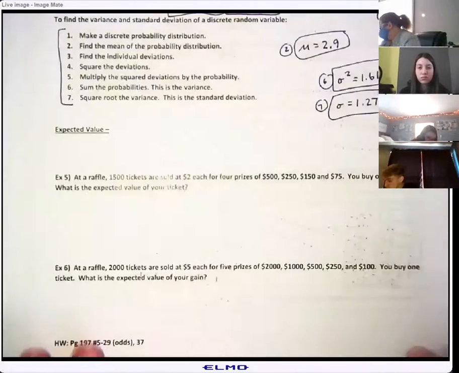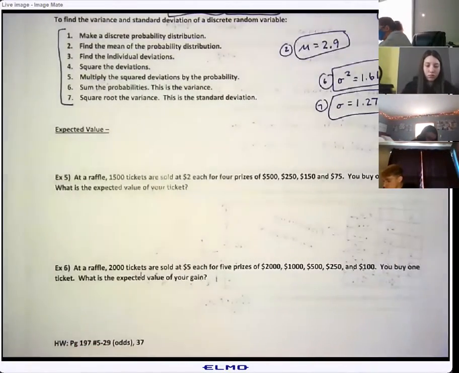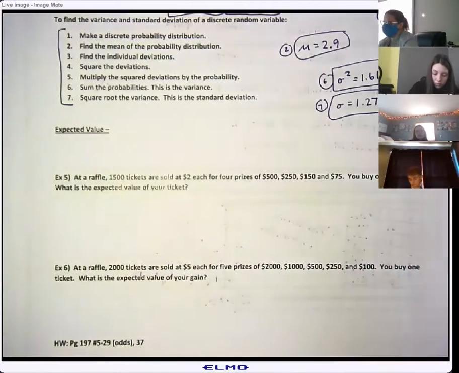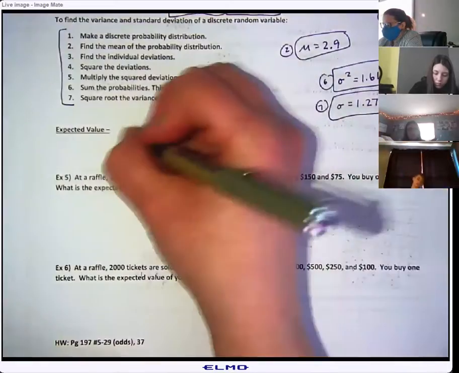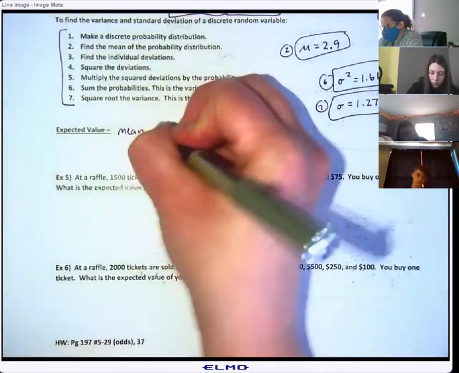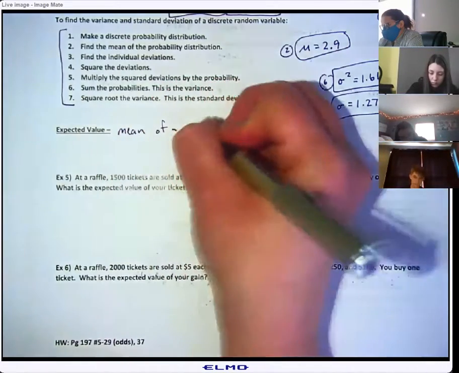Okay. All right, expected value. Last thing we're doing. So an expected value is essentially the mean of a probability distribution.